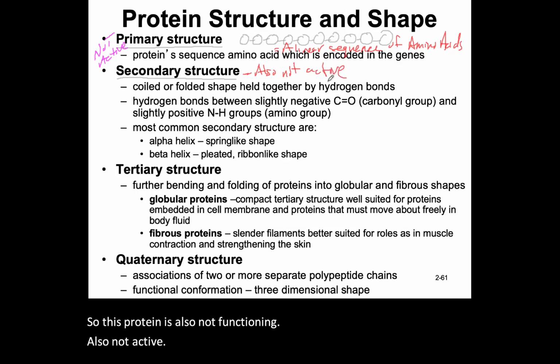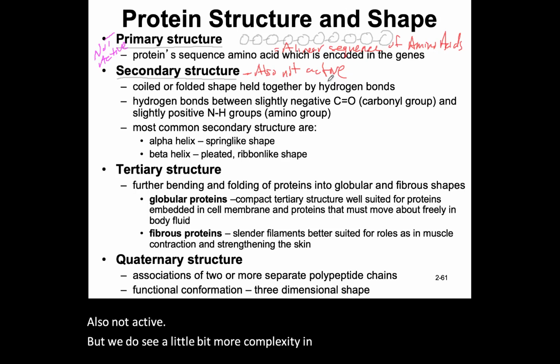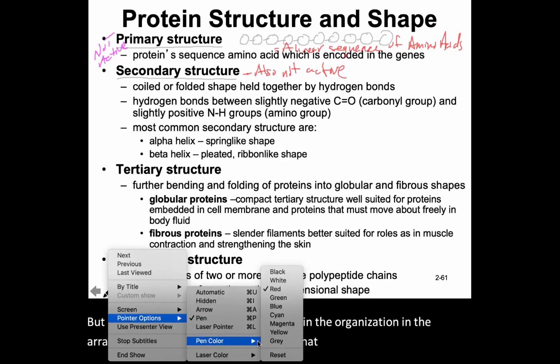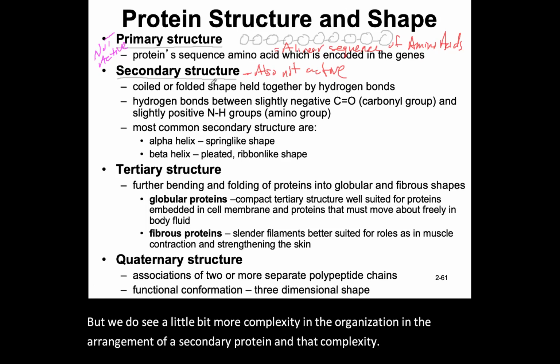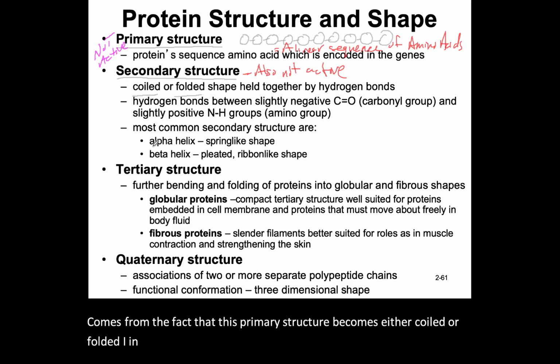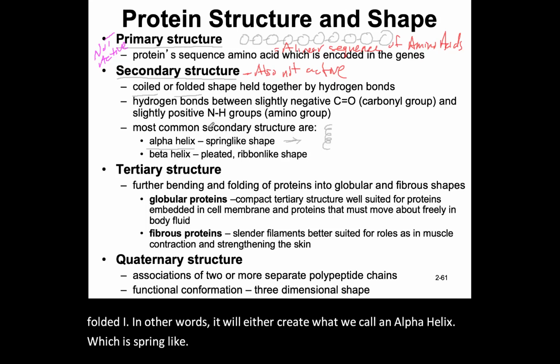But we do see a little bit more complexity in the organization and the arrangement of a secondary protein. And that complexity comes from the fact that this primary structure becomes either coiled or folded. In other words, it will either create what we call an alpha helix, which is spring-like. That would be the coiled.